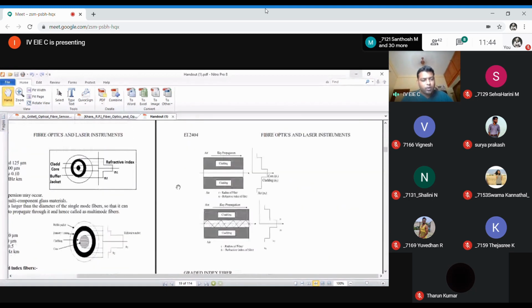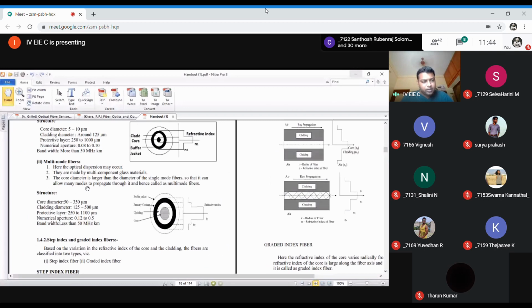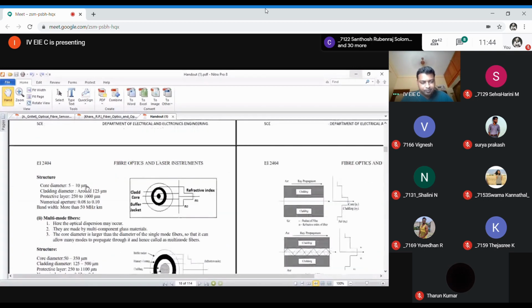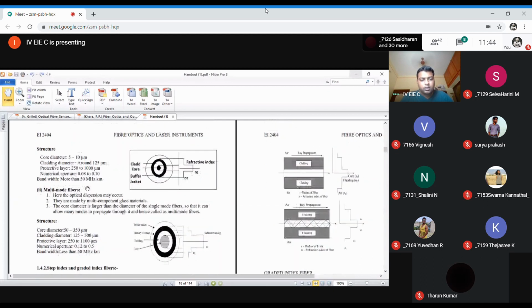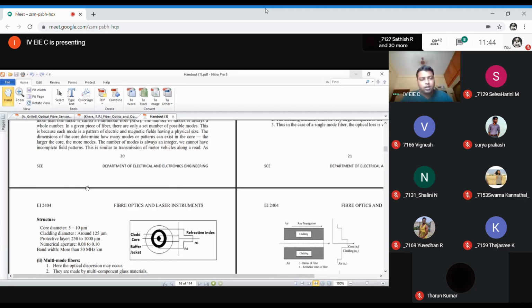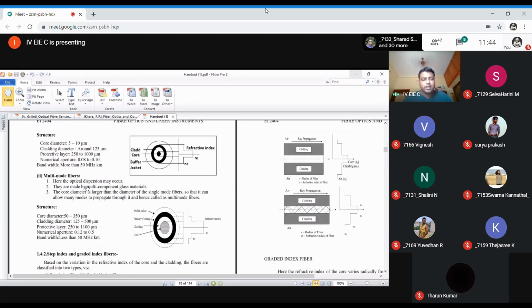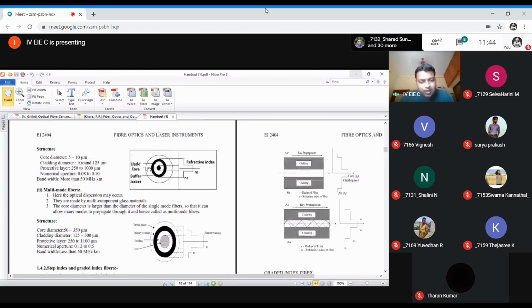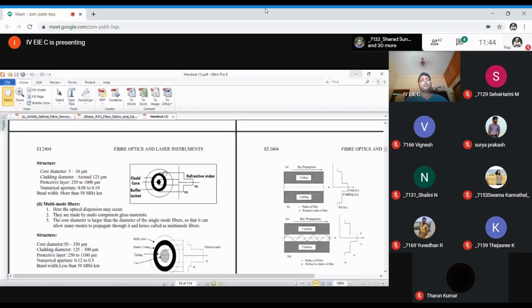So what I'm going to show you is about the structure. We are going to have a comparison of the structure of a step index and a multimode fiber. The first diagram you see here is a step index profile of a fiber.